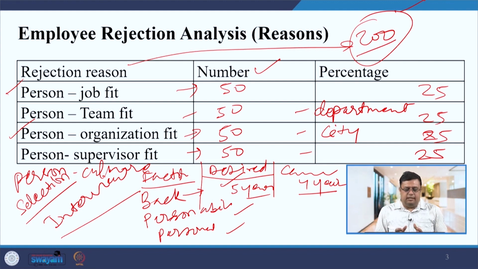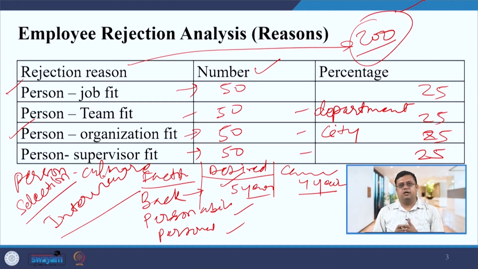So, this analysis will help you, as I already said, to go in depth. You can do the analysis department wise, city wise, and you can make 2 important decisions through this analysis. The first decision is related to employer branding, in which area, in which source you have to invest more.